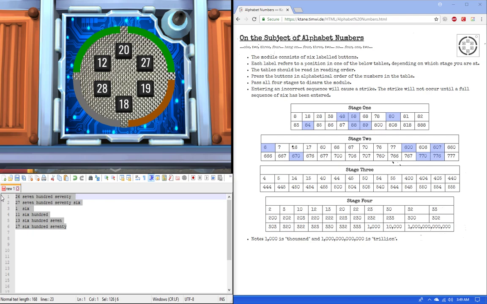Okay. Then the diffuser tells us 20, 12, 27, 28, 19, 18. So this is still 14, 15, 16, 17, 18, 19, 20. That's 500.